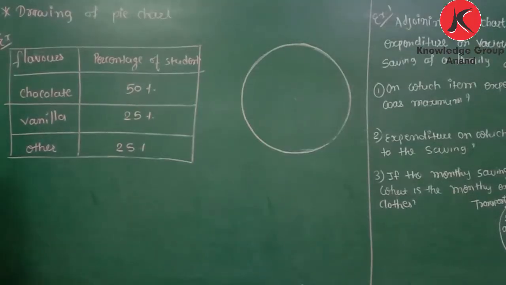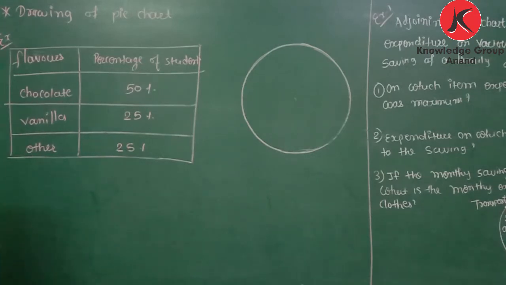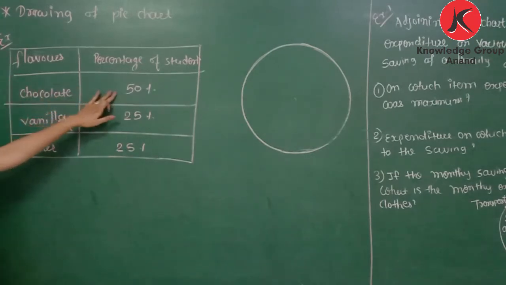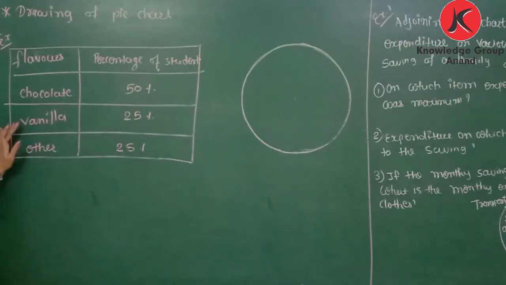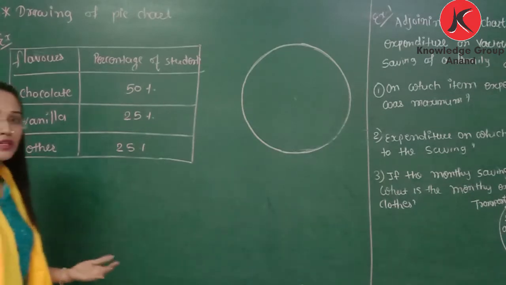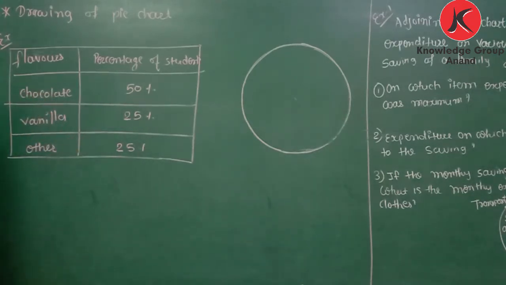So let's draw a pie chart for this information. Here in the table, which information is given? Flavor of ice cream: chocolate flavor, vanilla flavor and other flavors. The students were surveyed, and from that we get the observation that 50% of students like chocolate flavor, 25% like vanilla flavor, and other flavors like strawberry, fruit and nuts are liked by 25%.